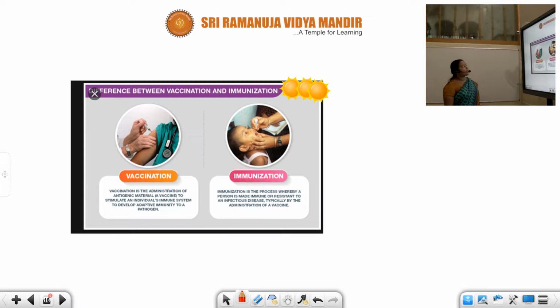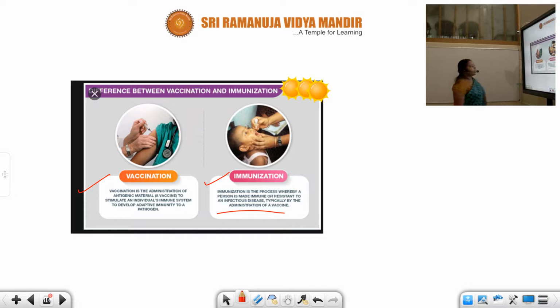Now you just see the pictures of vaccination as well as immunization. Let us see the differences. Vaccination is the process of administration of antigen material to stimulate the individual's immune system to develop adaptive immunity to a pathogen. Immunization is the process whereby a person is made immune or resistant to infectious diseases, typically by the administration of a vaccine.